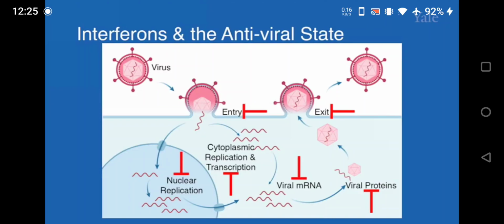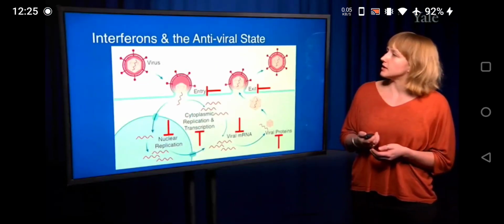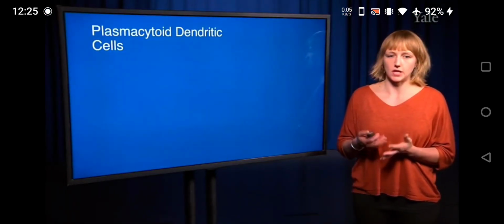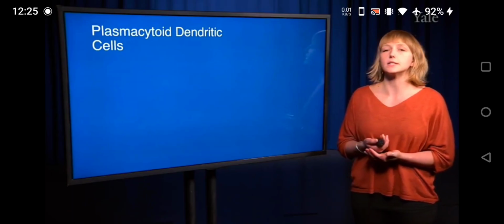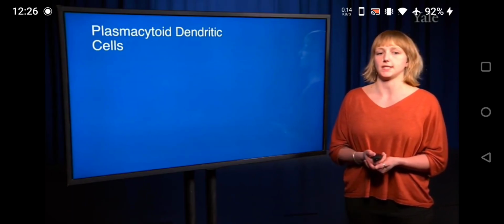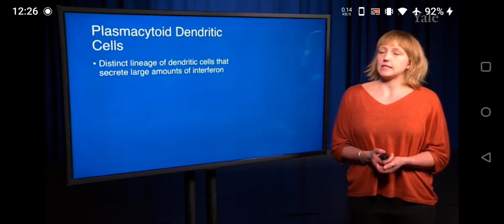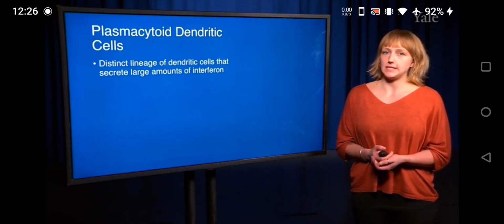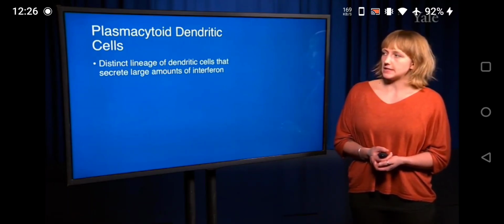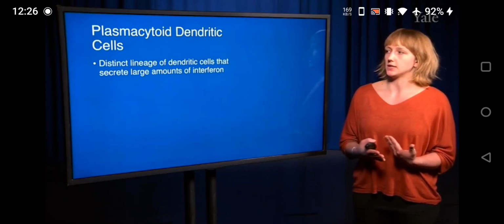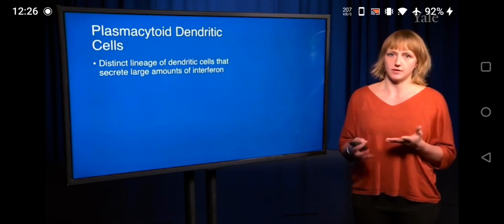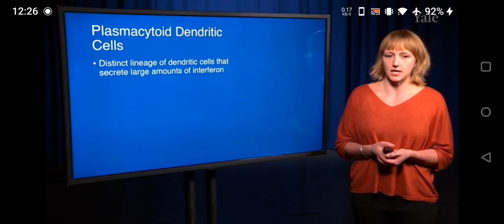The main generators of type 1 interferons are called plasmacytoid dendritic cells. These dendritic cells, also known as PDCs, are a very distinct line of dendritic cells that secrete large amounts of interferon, up to thousands of times as many as other cell types.